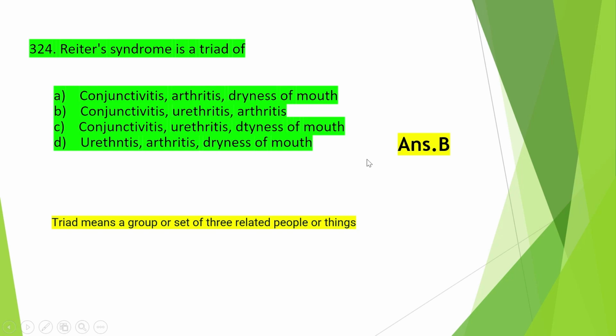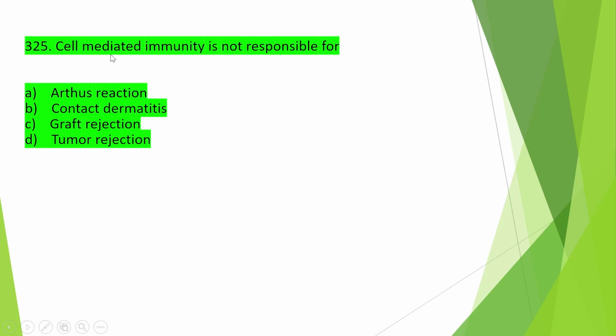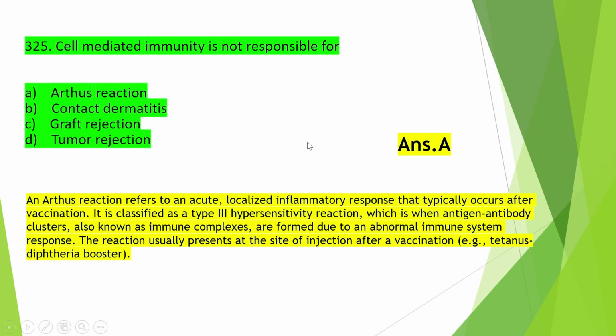Okay, so the last question is, cell mediated immunity is not responsible for Arthus reaction, contact dermatitis, graft rejection, or tumor rejection. And the right answer is option A, Arthus reaction. An Arthus reaction refers to an acute localized inflammatory response that typically occurs after vaccination.